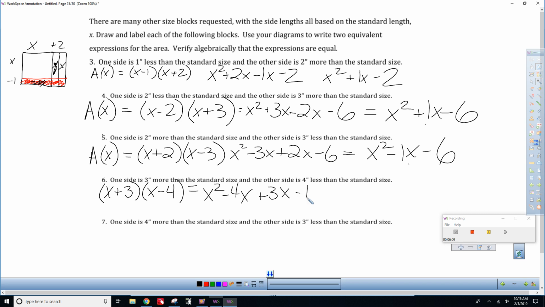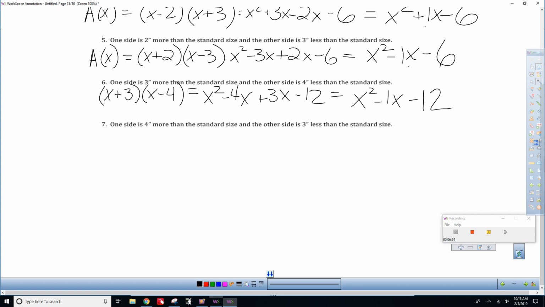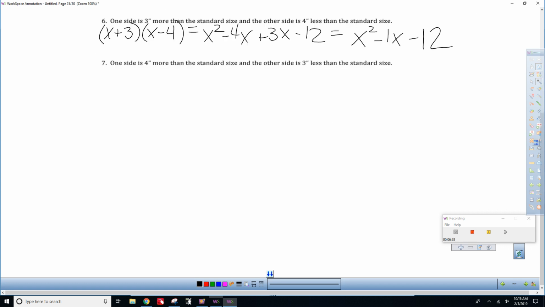Minus 12, which equals. Okay? And for number 7, I will do the picture again. I just didn't feel the need to do it every time. So one is 4 more and the other is 3 less.